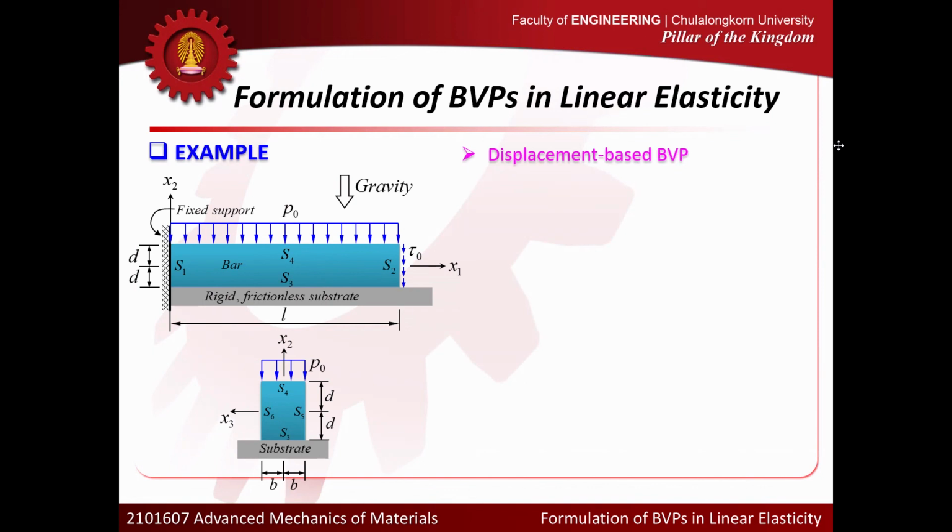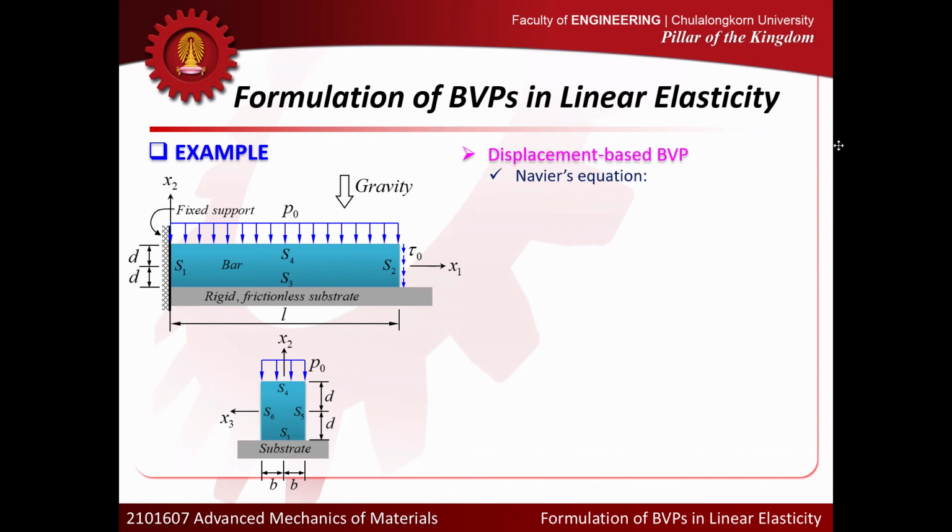If I want to formulate the same problem again, but choose only the displacement as the key unknown, then the boundary value problem that I would like to formulate here is the displacement-based boundary value problem.